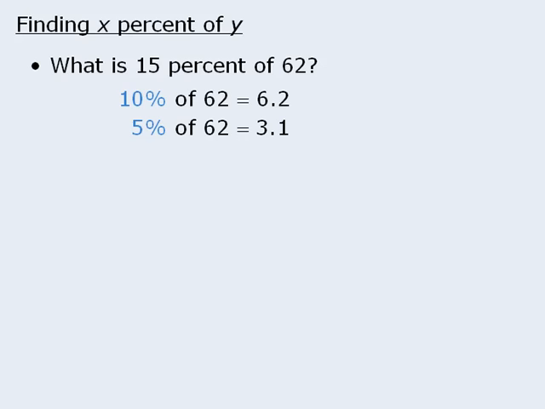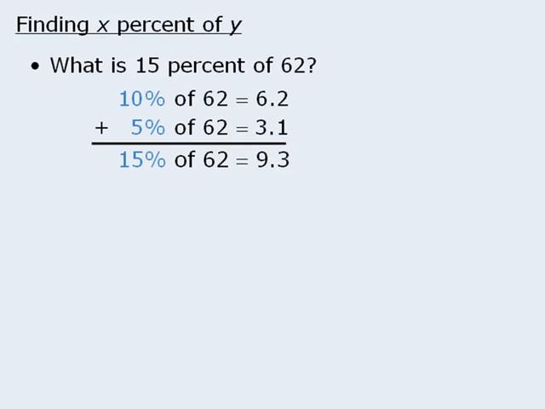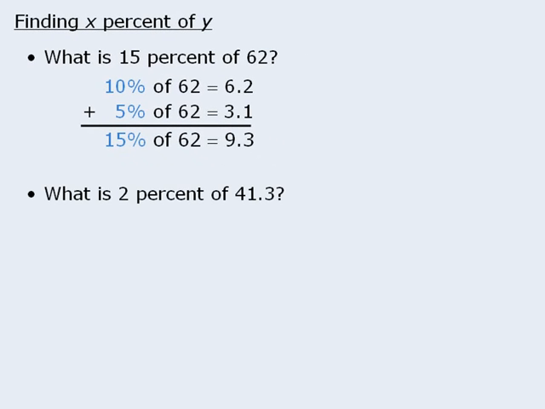Now that we know 10% of 62 and 5% of 62, we can see that 15% of 62 will be the sum of 6.2 and 3.1, which is 9.3. So to find 15% of 62, we used our knowledge of other percents of 62 to essentially build up to 15%.